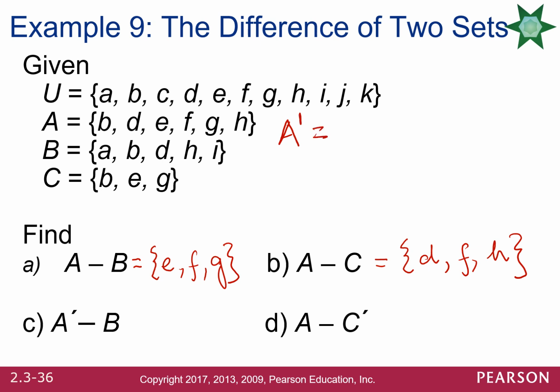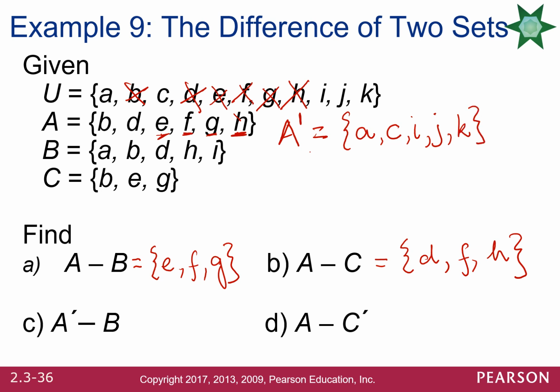So we go to the universal set and cross out all the elements of set A from the universal set. So B is one, so let's remove that B. Then we have a D we need to remove. Then there's an E. Let's remove that. There's an F. Let's remove that. There's a G. Remove that. And there's an H. So we have to remove that. So what are we left with for A naught? It's going to be A, C, I, J, and K.